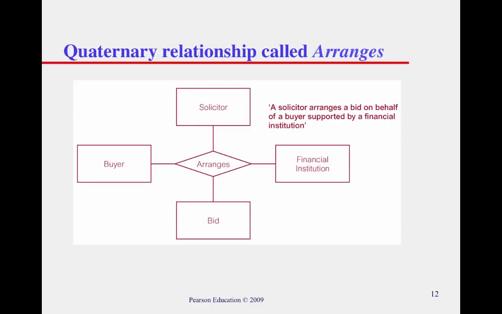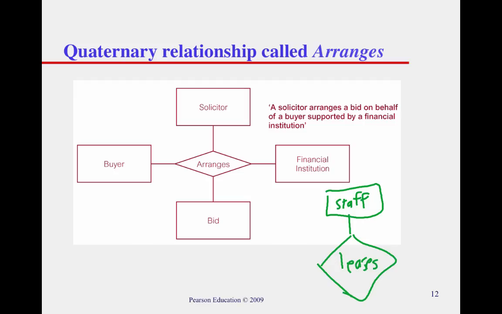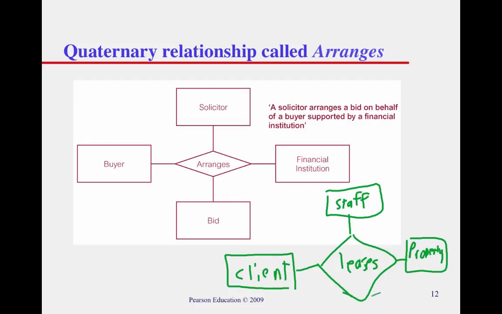This is one example: a solicitor arranges a bid from a buyer for a financial institution. But another one could be a staff member leases a property to a client, and that might also have to be signed by the owner. So that's a quaternary relationship.